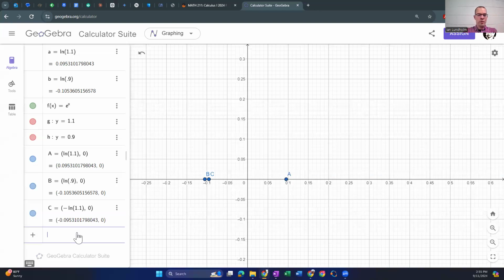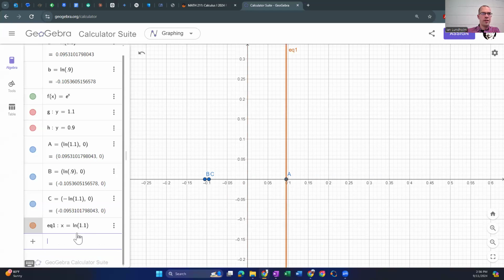And so what we're going to do, I could make two vertical lines, one at ln of 1.1, another vertical line at x equals negative ln of 1.1.